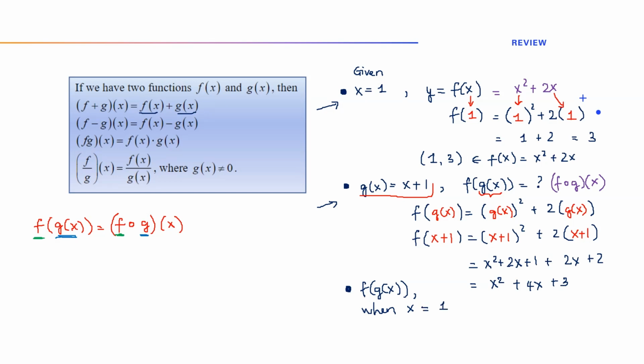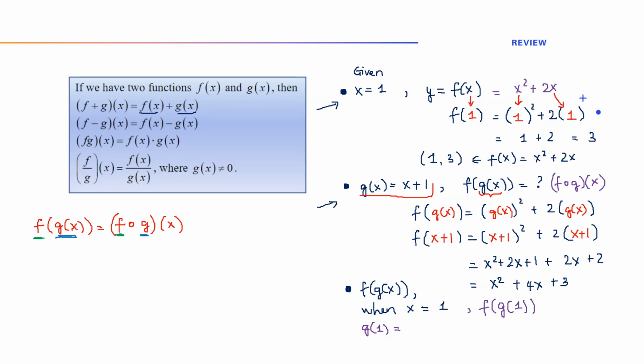If that, we can do two methods. The first one, I want to know what g of 1 is, the value g of 1. Because my final answer has to be f of g of 1, right?